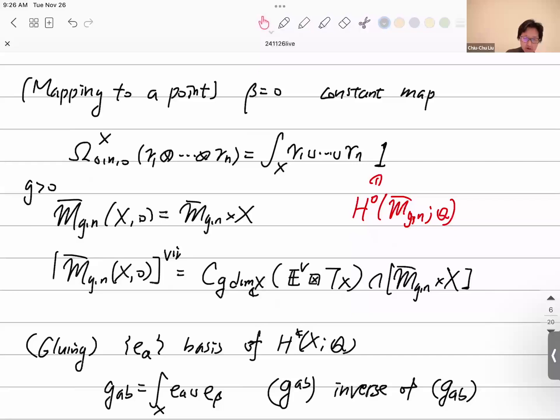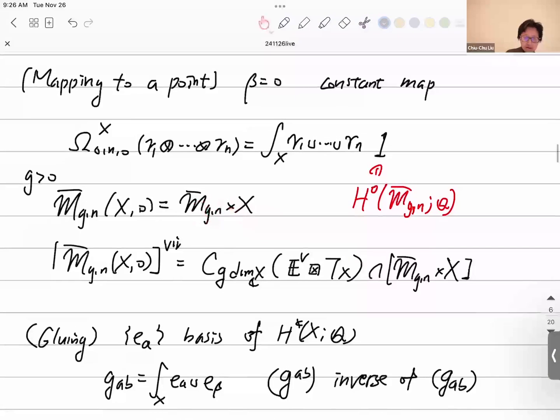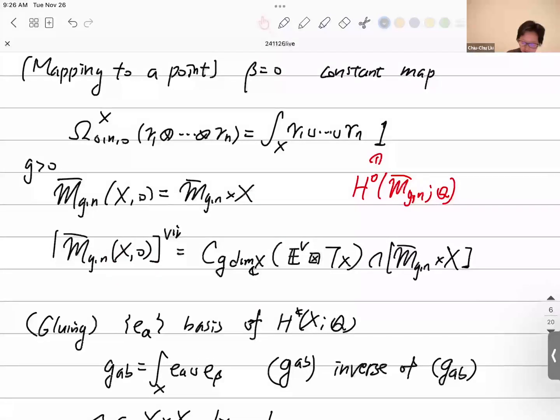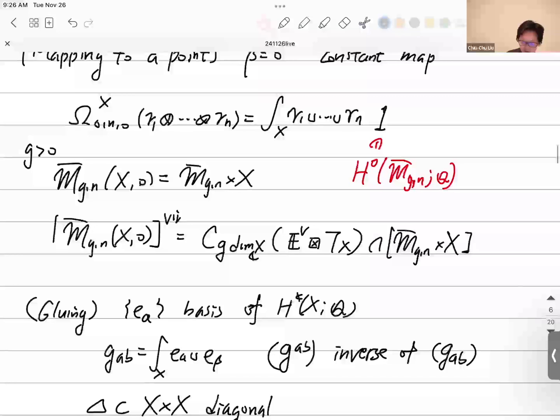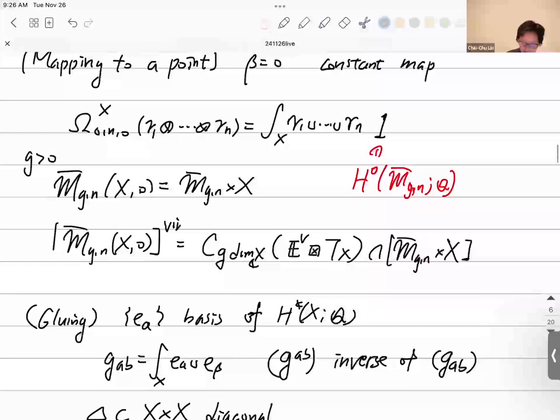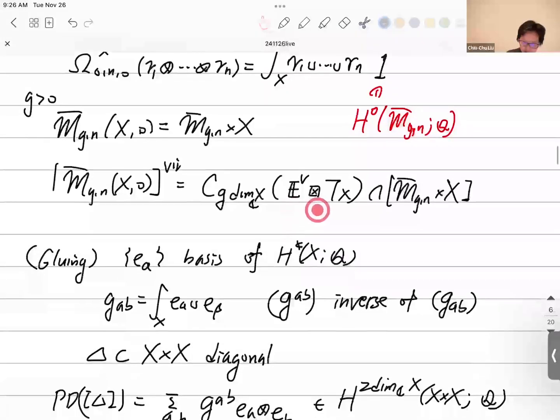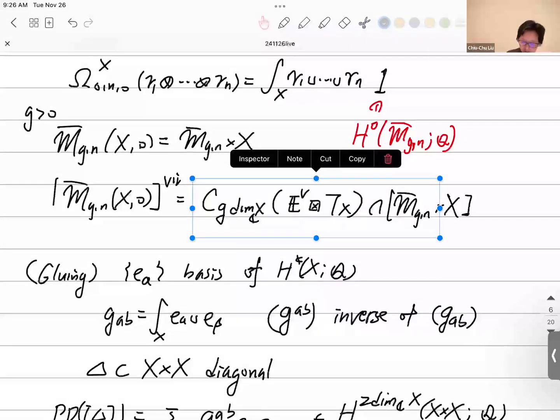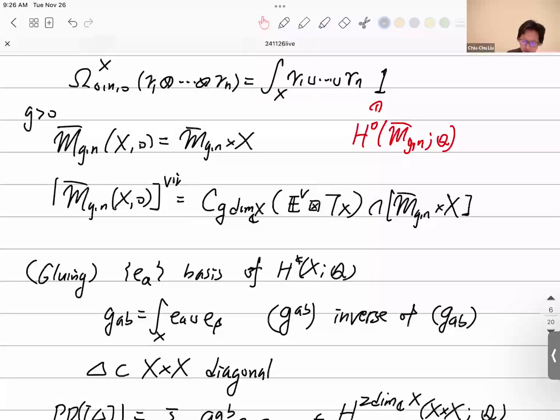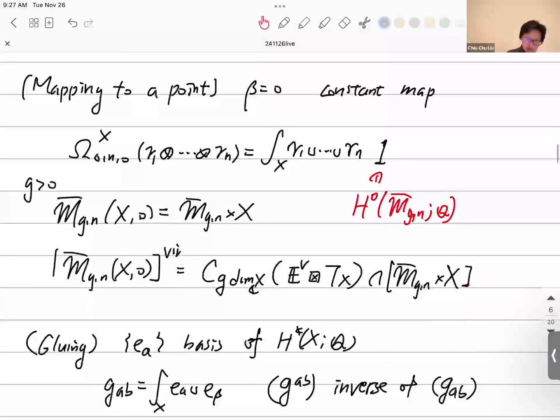So it's a product M bar g,n cross X. This is a smooth Deligne-Mumford stack, but the difference between the virtual class and the actual fundamental class is the Euler class of the exterior tensor of the dual of the Hodge bundle on M bar g,n and the tangent bundle on X.